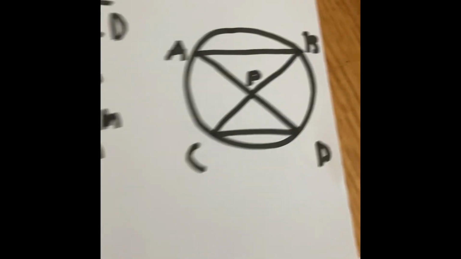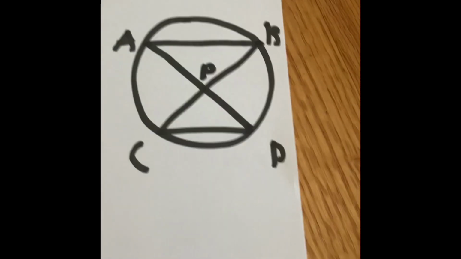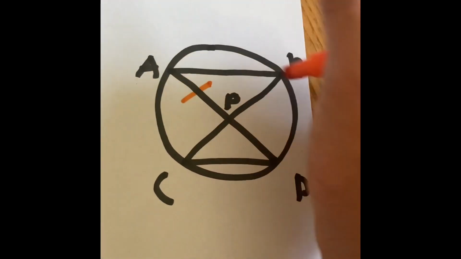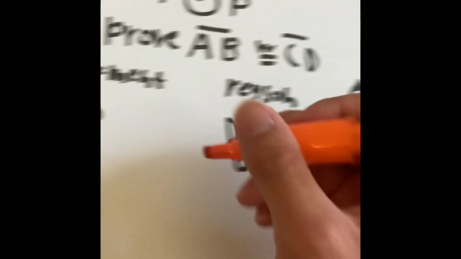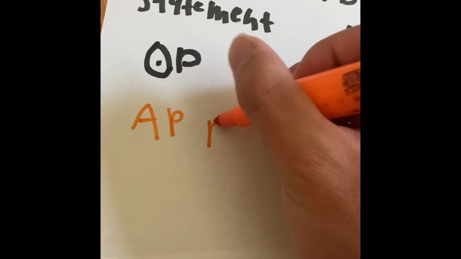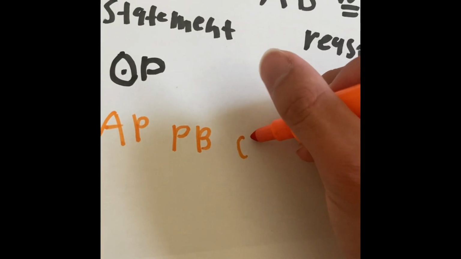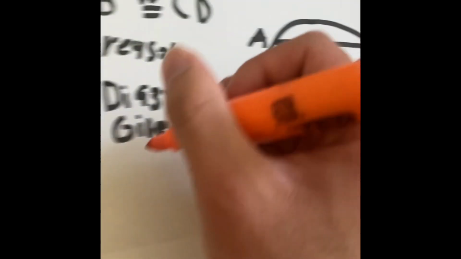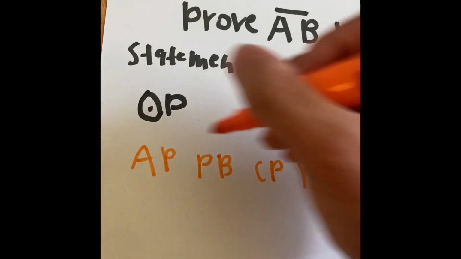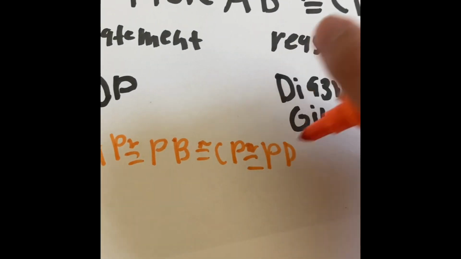Well, since all radii of a circle are congruent, we can do that. These right here are all radii. So from AP, from PB, from CP, and from PD, we can say that all of the segments that are radii are congruent.